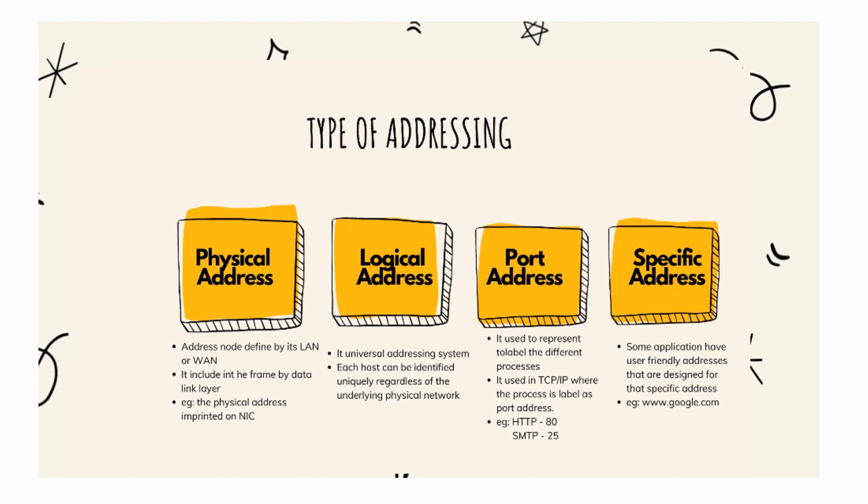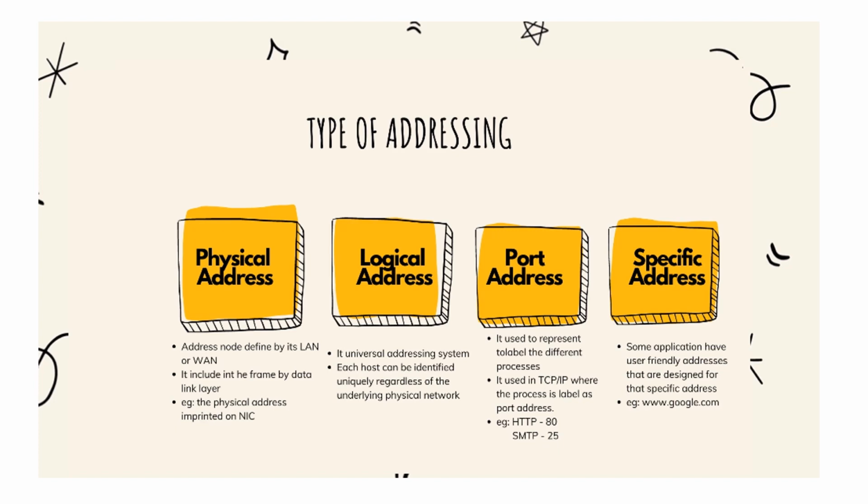The next type of addressing is the logical address. The physical address is unique because it is tied to the network devices. But when you communicate, you cannot use the physical address alone. Therefore they came up with logical addresses, which are more universal, because we have many devices that need to communicate and be connected in the network.